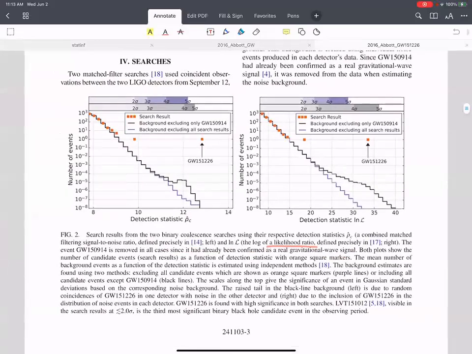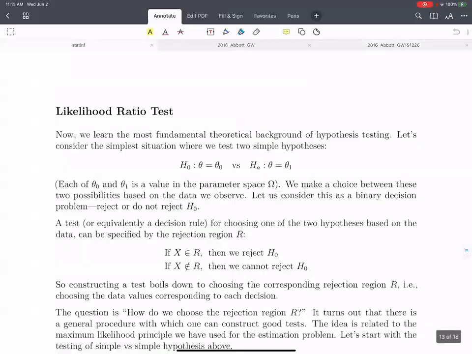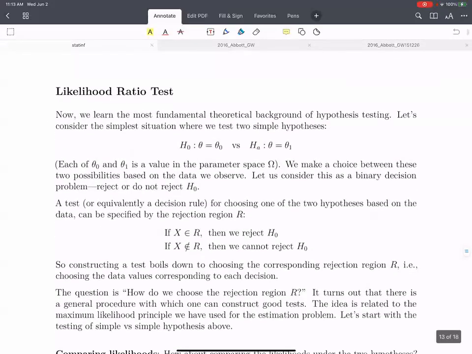Probably you may not understand this yet, but after my lecture, I hope you understand what they are actually talking about, and why this evidence indicates that they actually detected a gravitational wave based on the likelihood ratio test. So that's the motivation. Basically, likelihood ratio tests are pretty popular, and I found tens of thousands of articles searched with the keyword likelihood ratio test.